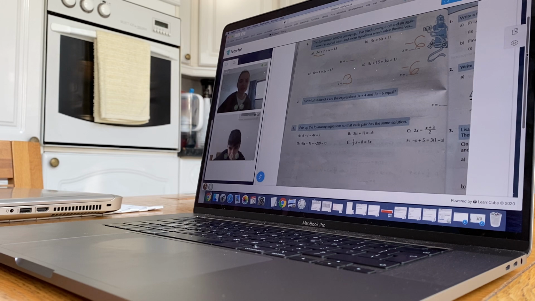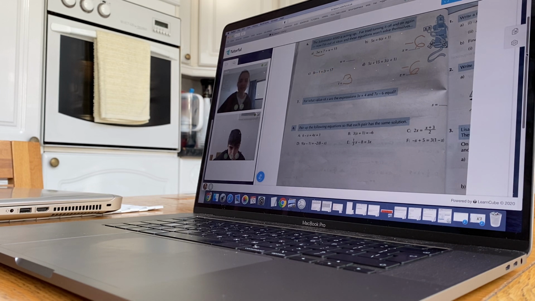Don't worry about the actual question for now. Just think about what the word expression means. Is part C on the previous question an expression? Not quite. This is an equality, or equation.